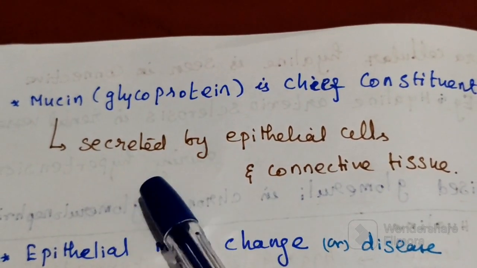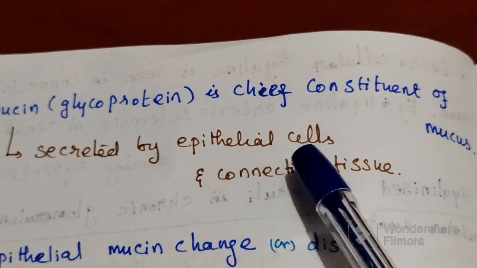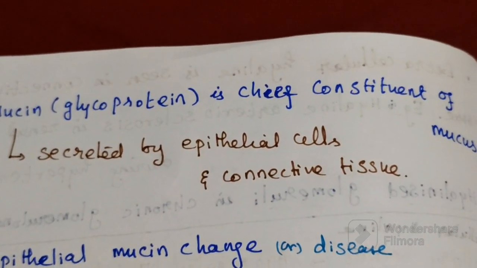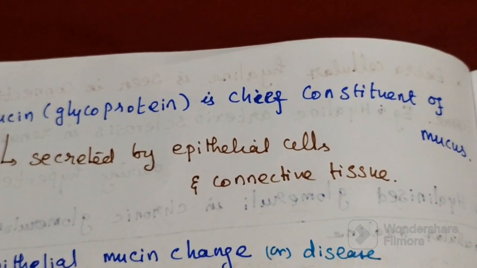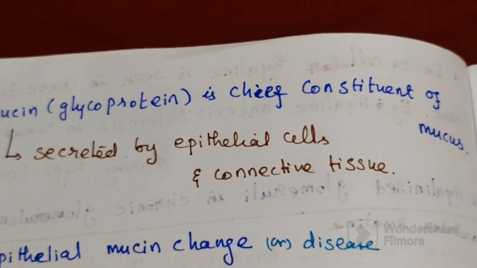Again, mucin can be secreted by epithelial cells of mucous membranes as well as by connective tissue.